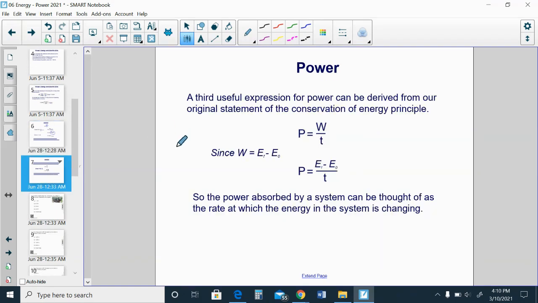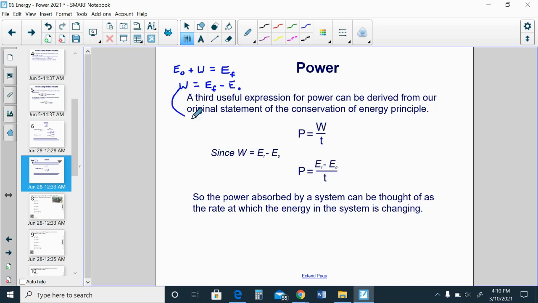And then there's also one other. So we've talked about how initial energy plus any additional energy, the work done, is equal to the final energy. So another definition for work is that work is equal to the final energy minus the initial.